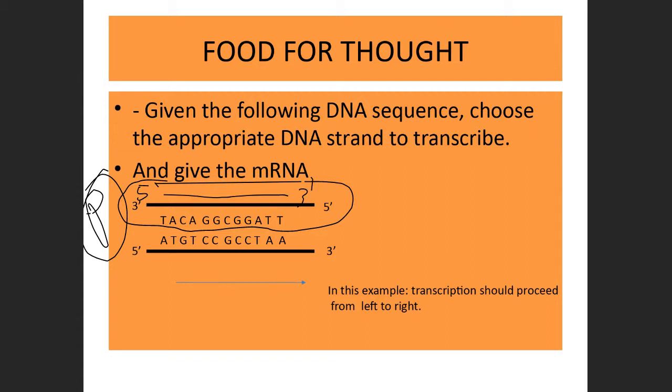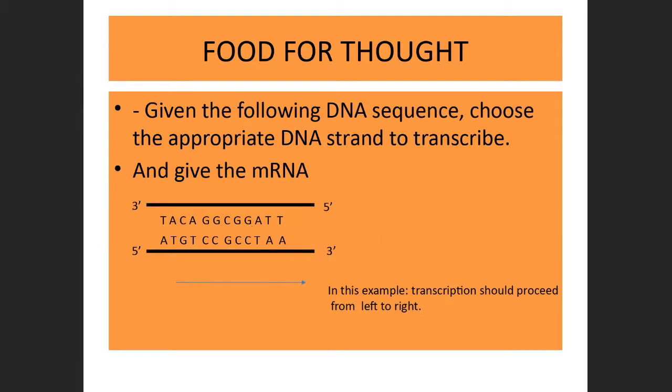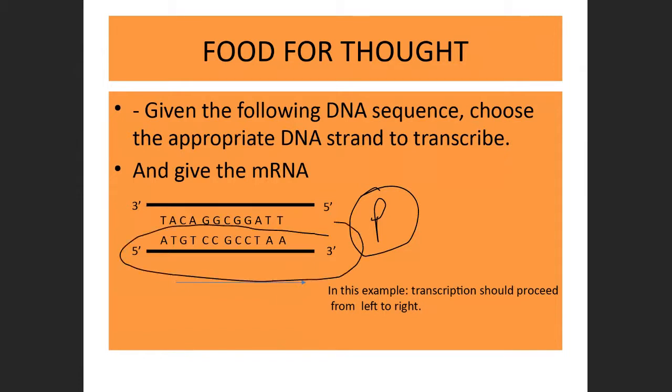However, if the promoter is on the opposite side, now the lower strand is the one that will be transcribed, because that's the one that will allow us to make a 5' to 3' piece of RNA. And it will make a difference. The sequence of nucleotides changes in one or the other.